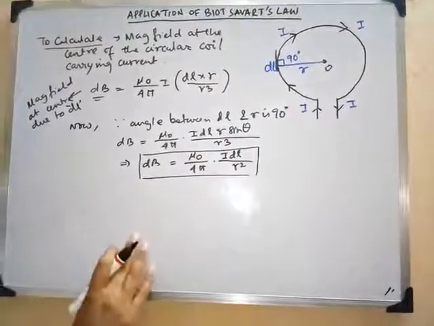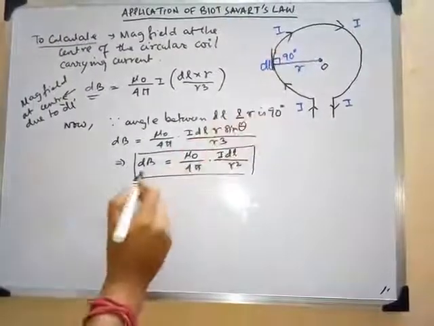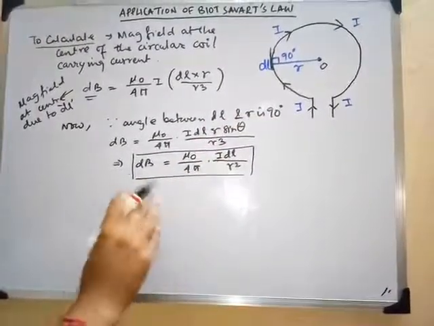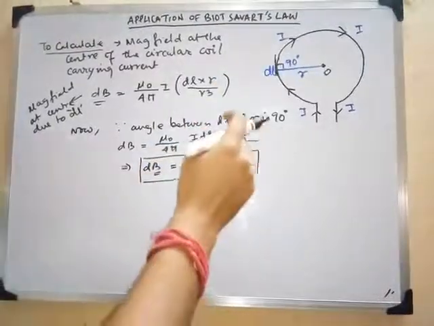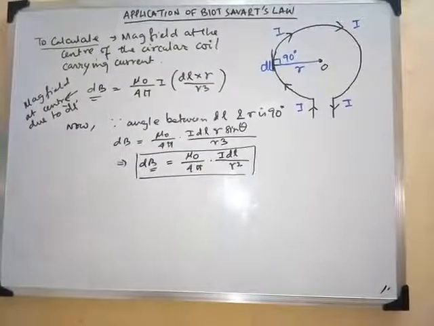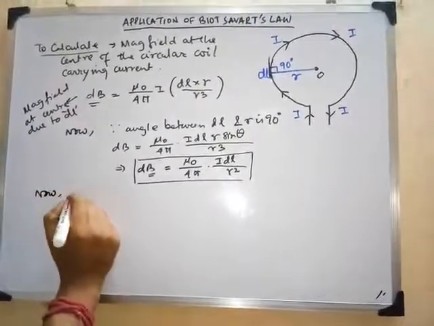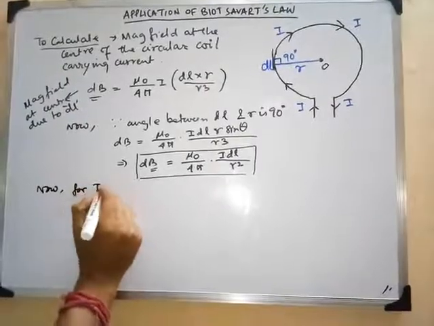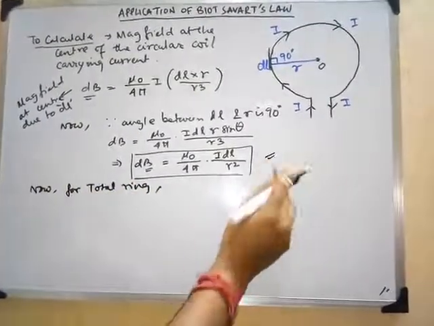This is the dB. Now our objective is to find B. So for the small element dl we have got this dB. Now if we want to find the total B throughout the whole circle, we will simply use integration, right? So that is what we are going to do now. Up to this we have considered a small section of the ring.